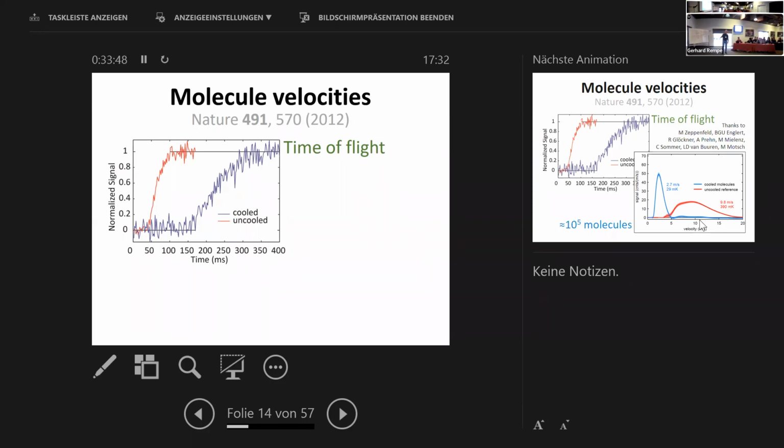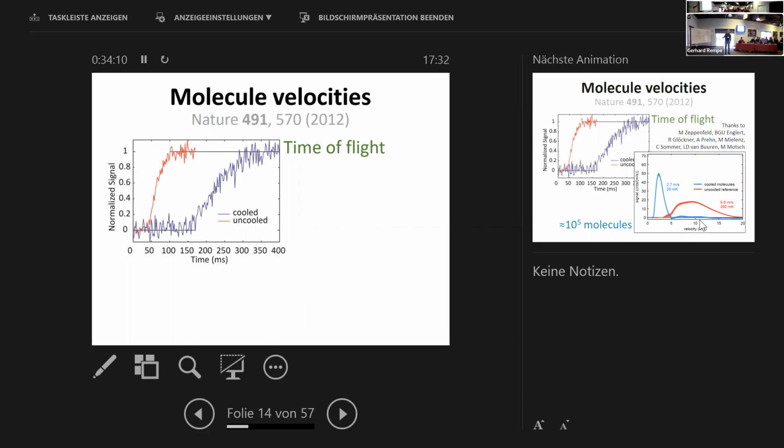This is for the uncooled molecules. They come out after 50 milliseconds, basically, because they need some time to travel. I can't remember exactly how far they travel, 30 centimeters or something. That comes in the next slide. So it takes some time, and then the molecules come out and reach basically a steady state after 150 milliseconds.